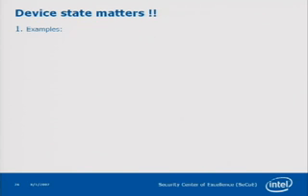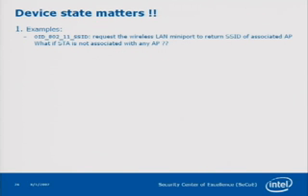A couple of words about the state of the device and the driver. Device state matters. Examples: if a malicious application, for example, or a fuzzer sends OID 802.11 SSID, this is the request that the wireless LAN miniport needs to answer by returning the SSID of the associated access point. So what if the station is not associated to an access point?